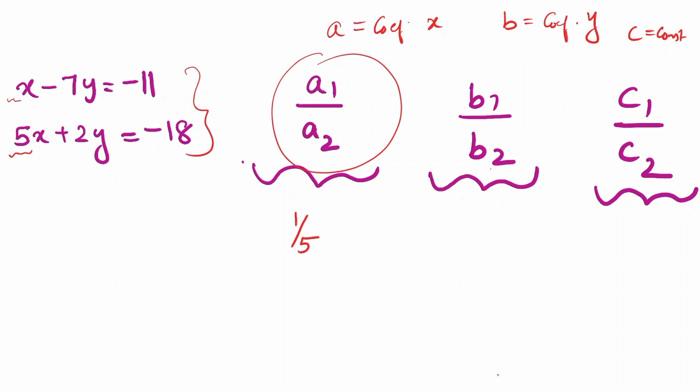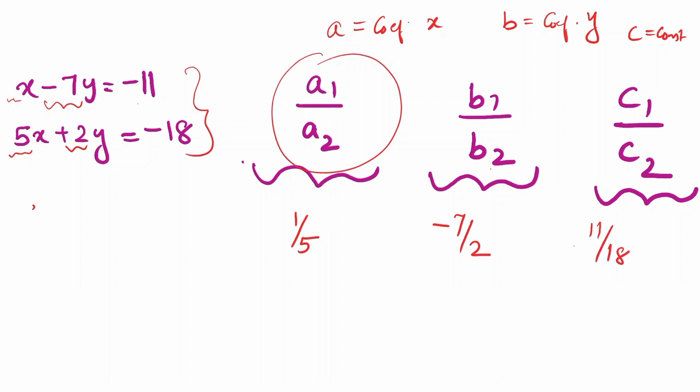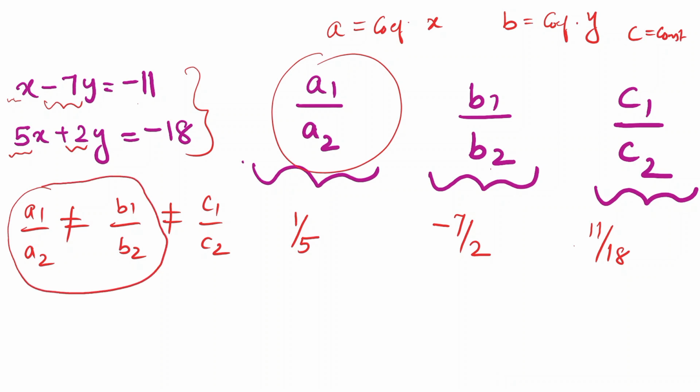And b1 by b2 is minus 7 divided by 2, and c1 by c2 is 11 by 18. Definitely a1 by a2 is not equal to b1 by b2, not equal to c1 by c2. If a1 by a2 is not equal to b1 by b2, this condition is satisfied for intersecting at one point. Intersecting at one point means it has a unique solution.